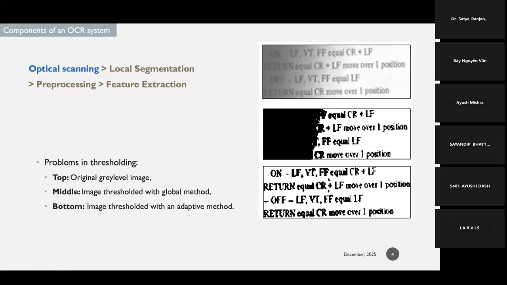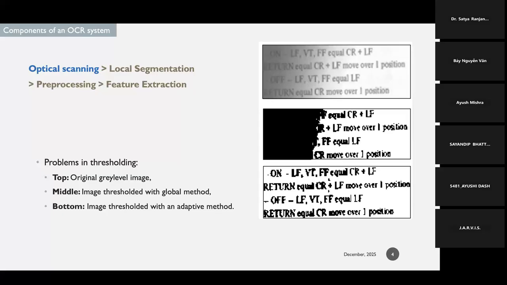In OCR, optical scanners are used, which generally consist of a transport mechanism plus a sensing device that converts light intensity into gray levels. Printed documents usually consist of black print on a white background, right?